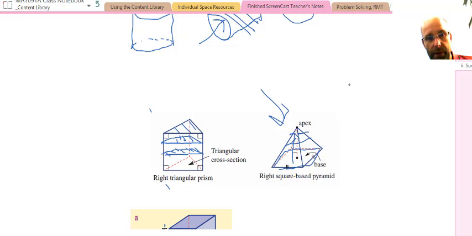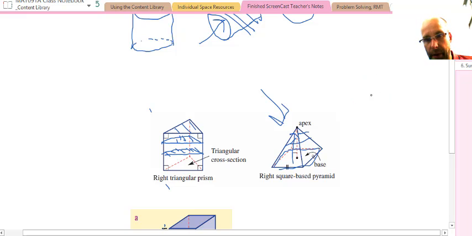What's a right prism? Well, it just means that the height and the base are at right angles. So something like that one is.